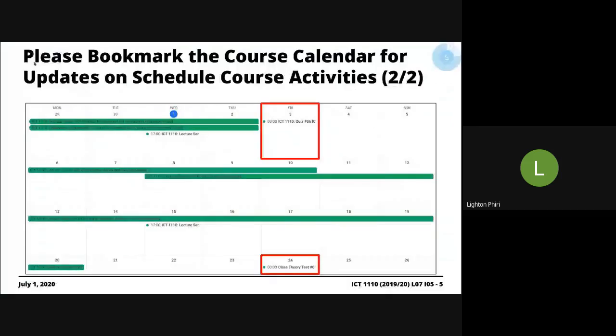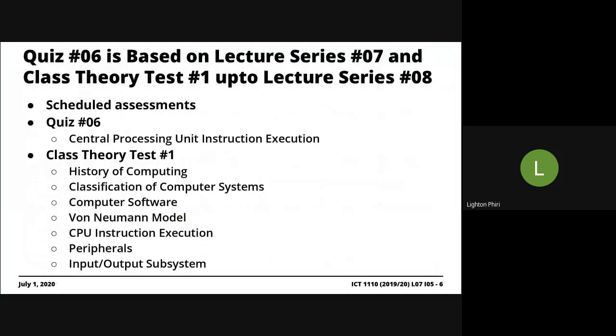Now, the thing with class theory test number 1 is that, in the last communication I sent regarding the scheduled assessment, I had mentioned that the test was going to be all the way up to computer memory basics. Looking at the time we have left, it will not be possible to include computer memory in class theory test number 1.